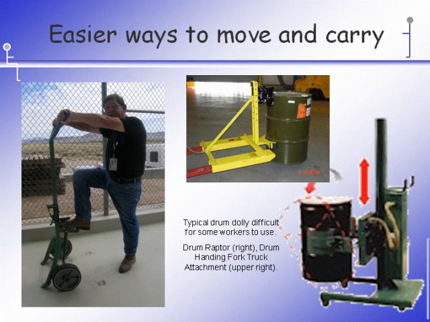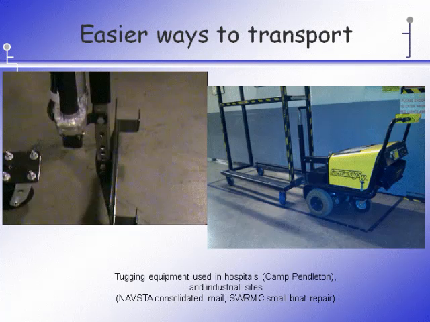And then the picture on the right, which I really like a lot, this is called a drum raptor. What's really cool with this is it not only goes up and down, but it has a really wide wheelbase, so you can put it up to the scale and drop the drums right onto the scale. It also rotates about 180 degrees, so you can use it to decant products.